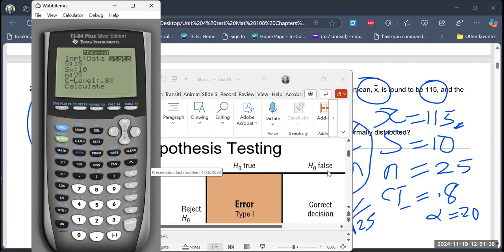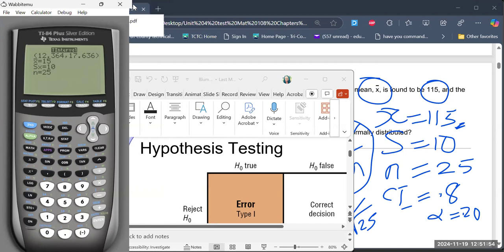All right, now I'm going to calculate, and it gives me the confidence interval. The lower bound is 12.364 and the upper bound is 17.636.